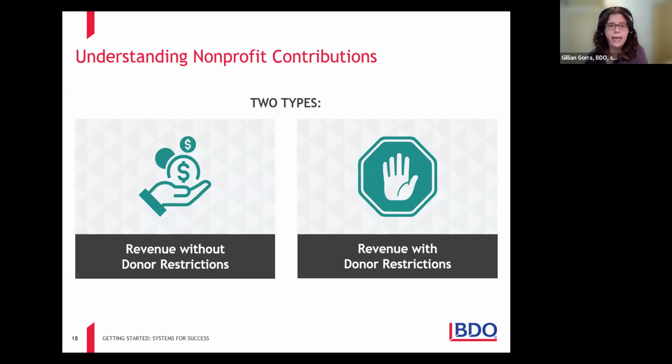A donor can say, I'm going to make this contribution to you, but you can only use it for either a particular purpose, within a particular time period, or a combination of those two things. We have to account for restricted revenue very specifically according to GAAP, generally accepted accounting principles.